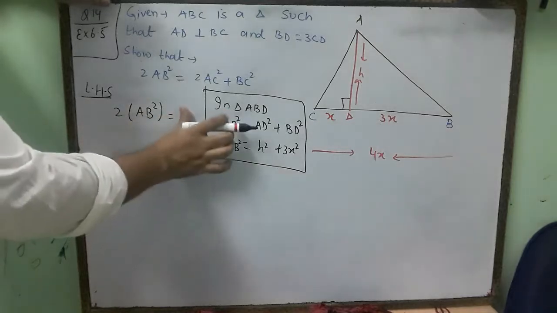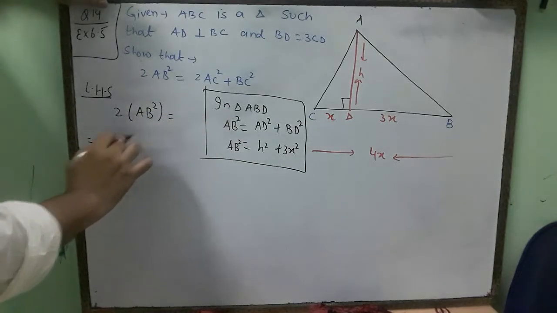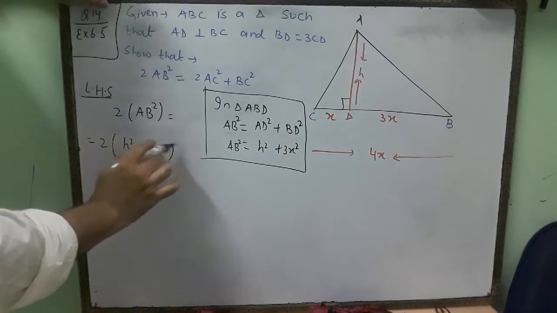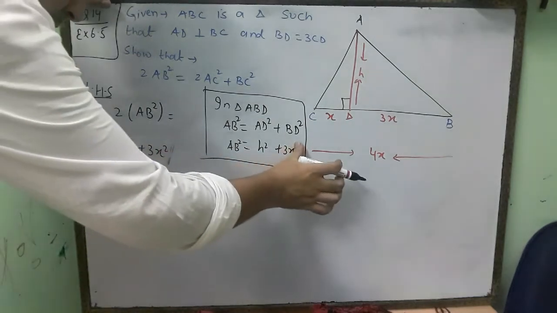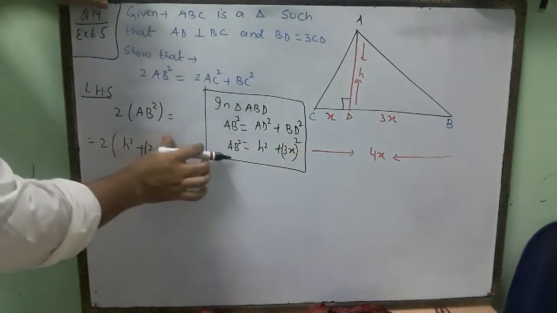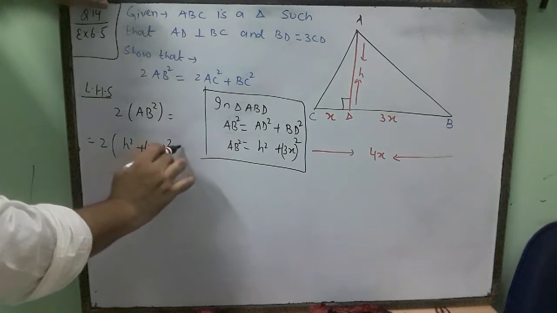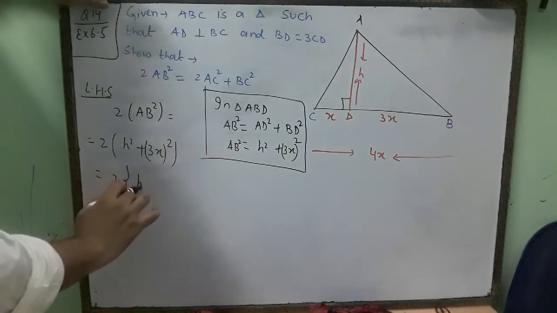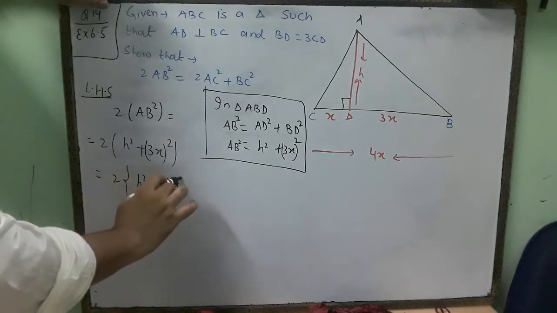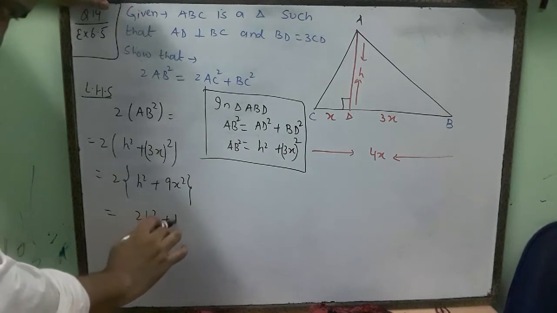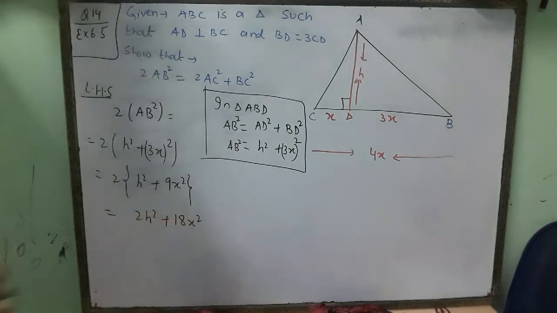So 2AB square is 2 times h square plus 3x whole square. Solve this one: 2 times h square plus 9x square. Now multiplied by 2, it will be 2h square plus 18x square. This one will be the LHS.